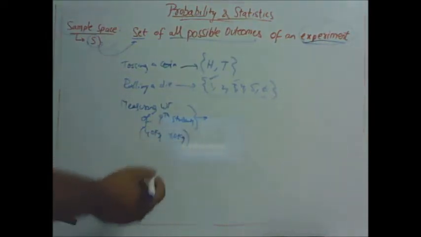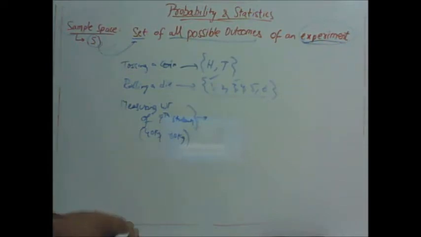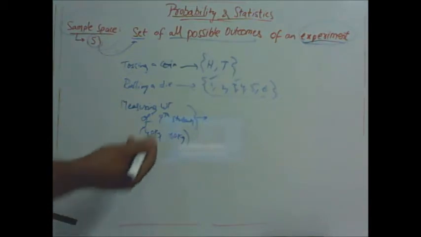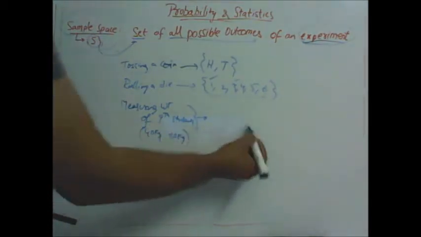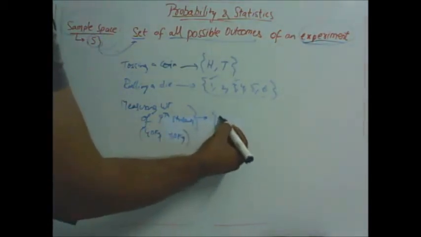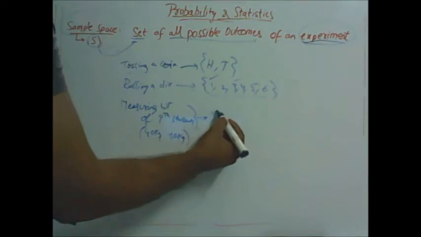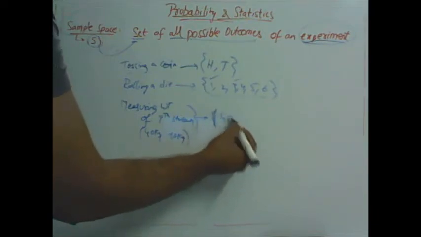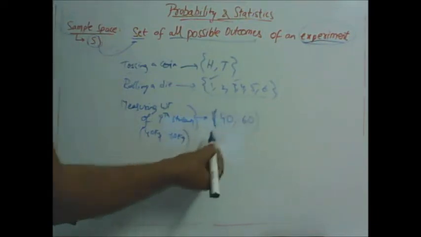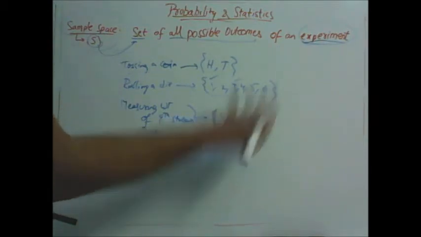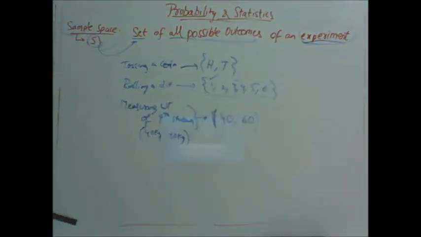Some person may have 40.5 kg, some can have 55.555 kg. In that way, any outcome can come, that is continuous. So the sample space will be the total interval between 40 kg and 60 kg. In between that, it can be any value depending on the person's weight.